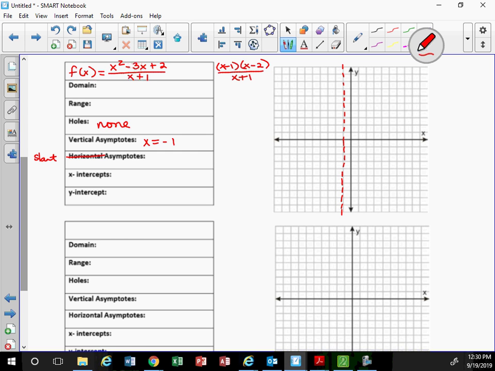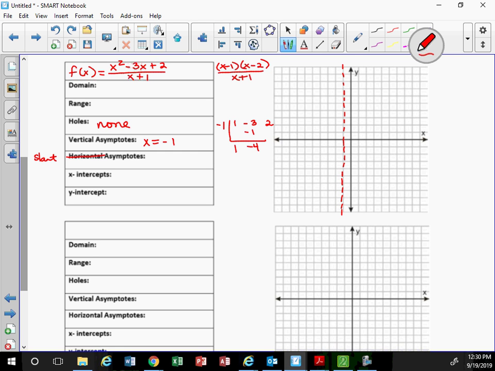To find the slant asymptote, we actually have to do division. Top heavy? Yep. Can I do synthetic this time? Yes, I'm dividing by x plus 1, so I'm going to do teeny tiny division in here, okay? 1, -3, 2. 1, -1, -4.